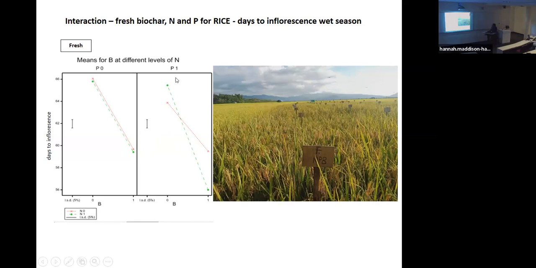But by using the combination of biochars with nitrogen and phosphorus, the duration to flowering is reduced to only 55 days compared to 66 days.